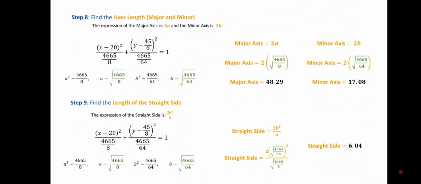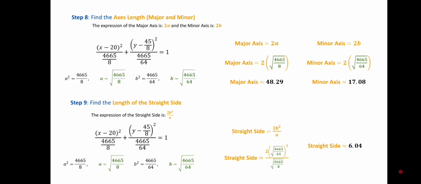Step 8. Find the axis length, major and minor. The expression of the major axis is 2a and the minor axis is 2b. We know both of these numbers. a is the square root of 4,665 divided by 8 and b is the square root of 4,665 divided by 64.